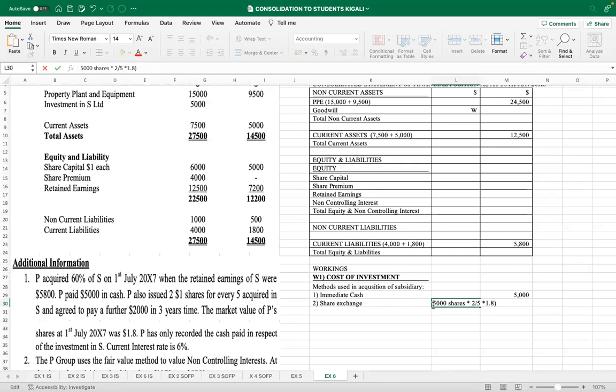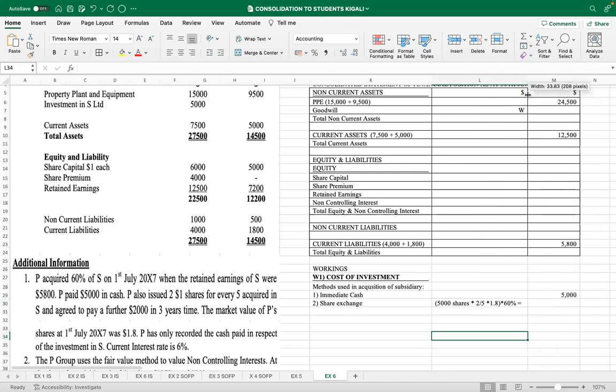We acquired 60% of 5,000, so you multiply your answer by 60% because we did not acquire 100% of the shares.